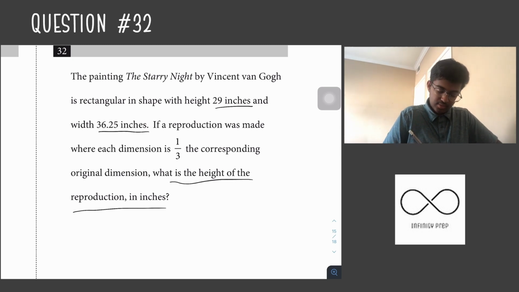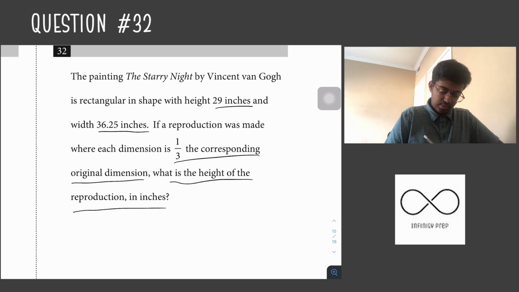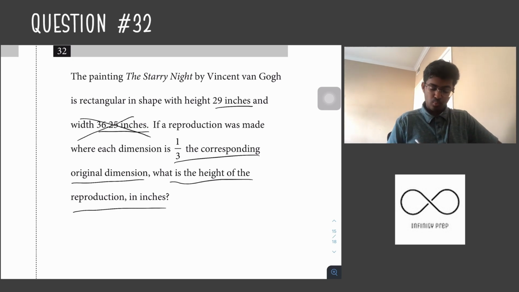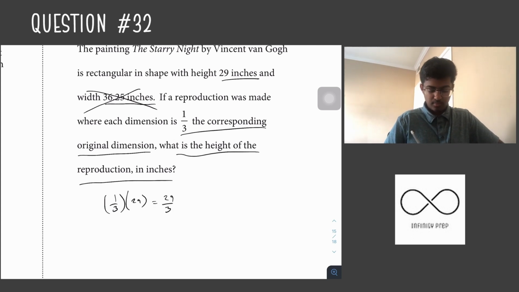It says each dimension is 1/3 the corresponding original dimension. What it's asking for is the height of the reproduction, so we don't need to worry about the width. We need to multiply 29 by 1/3 to get the height of the reproduction. And this equals 29 over 3. And that's our final answer.